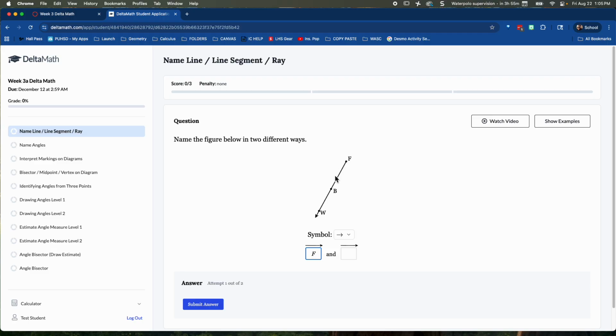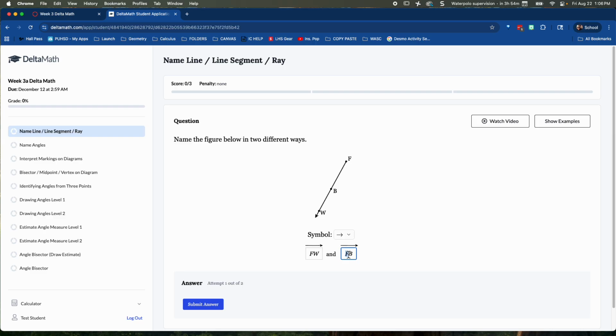Now, I could say it goes through W, and that would work. But if somebody else were to say, here's a ray that starts at F but goes through B, it would be the same ray. So whether you went through B or through W, that second letter is optional either way.